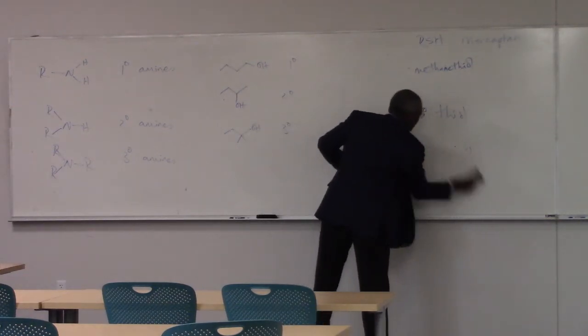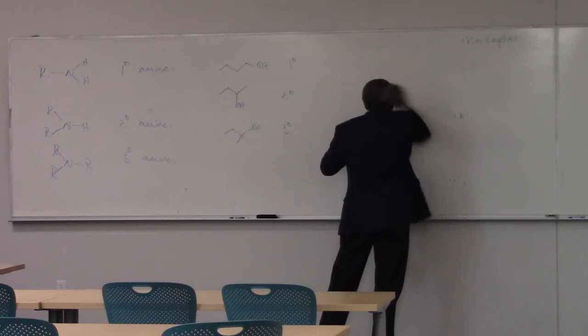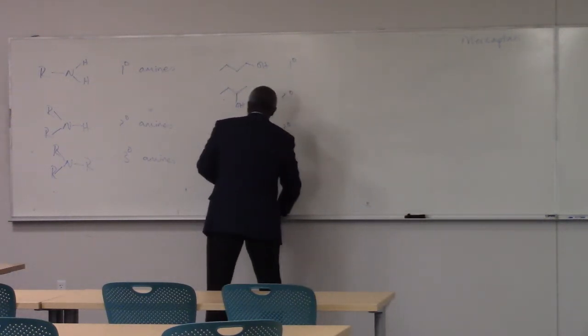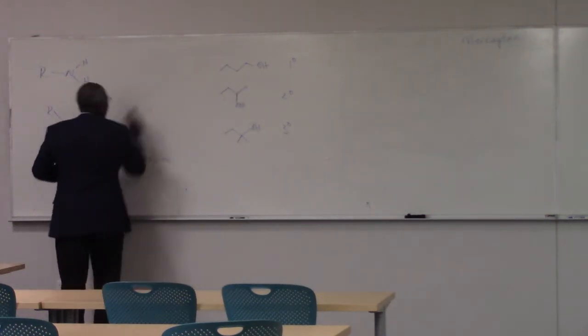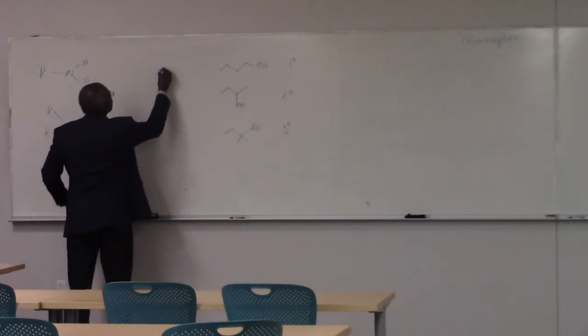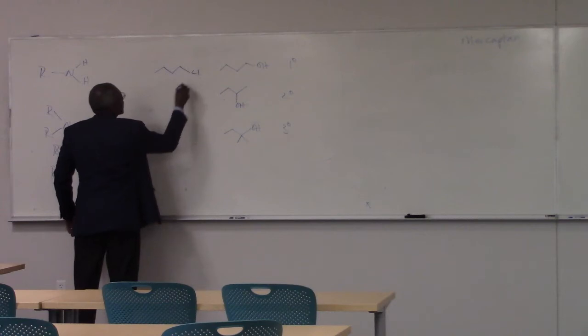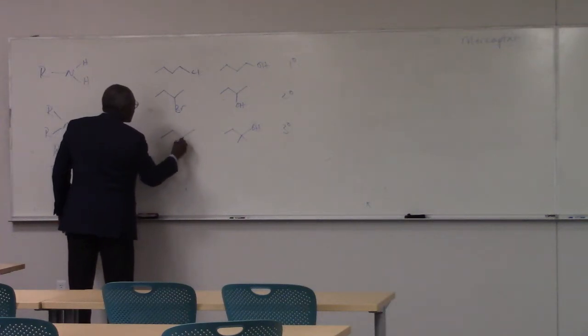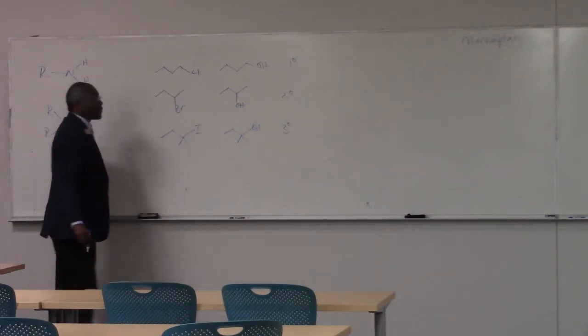So I just drew a primary, secondary, and tertiary alcohol on the board. If I had this, that's a primary haloalkane. This is a secondary haloalkane. This is a tertiary haloalkane.